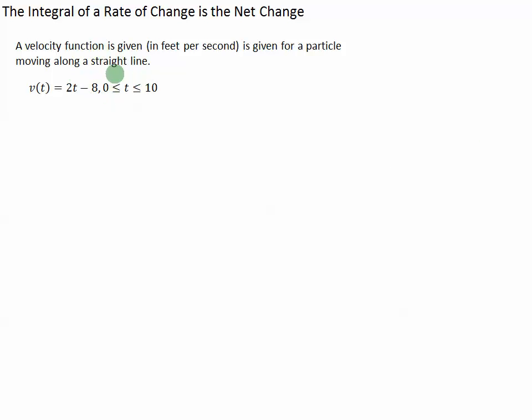Now, I didn't ask a question here because I'll pose two questions now. First of all, determine the meaning of this integral: the integral from 0 to 10 of v of t with respect to time.